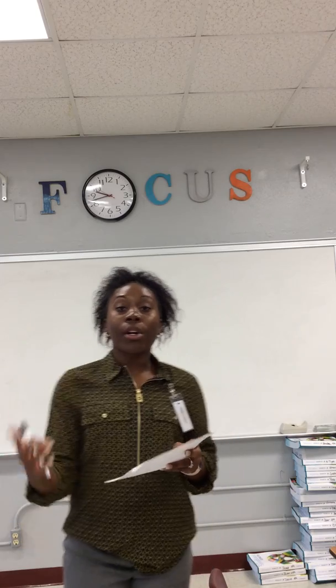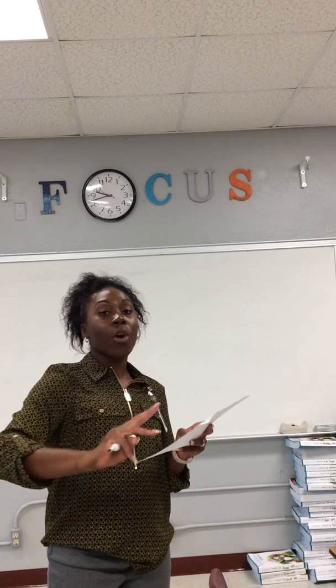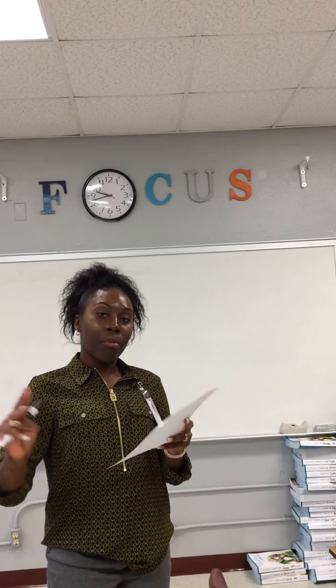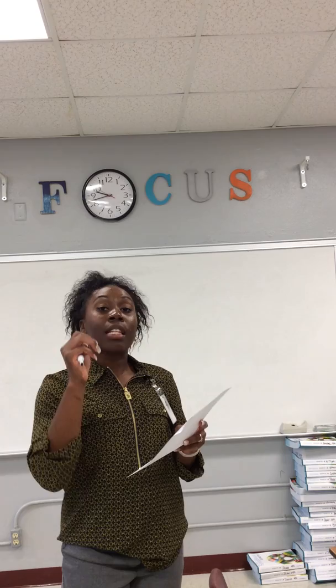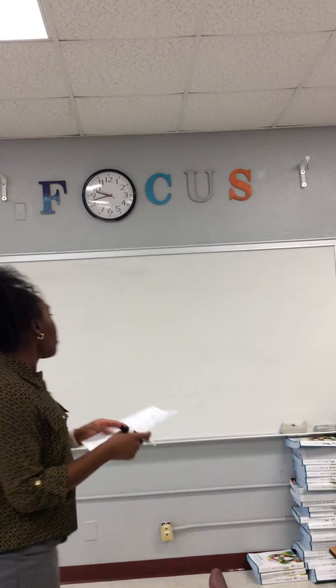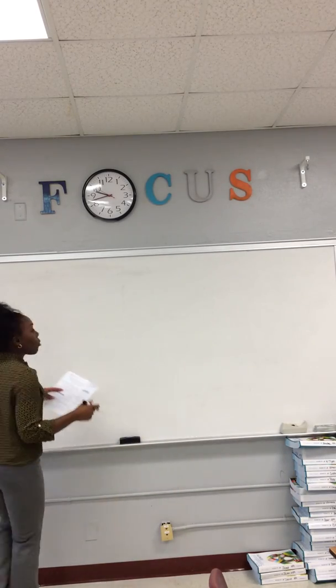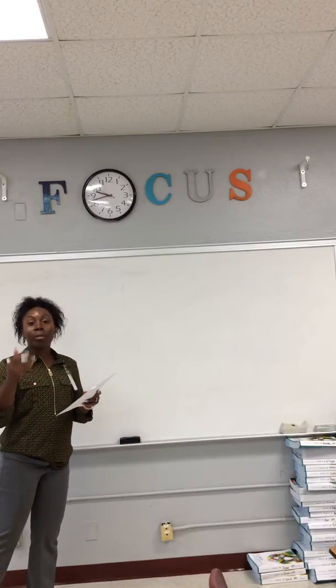So again, we are given the midpoint and we are given one endpoint, and we have to go and find the other endpoint. And I'm going to show you how to do that with an equation, the same equation that you used to find the midpoint, that formula. So I'm going to start with the midpoint formula.